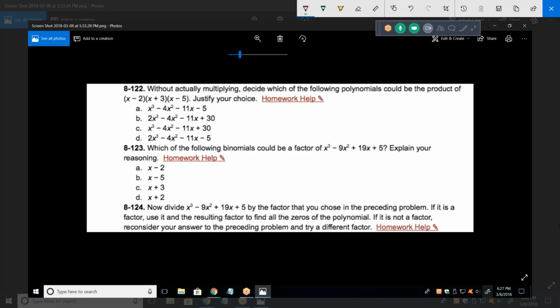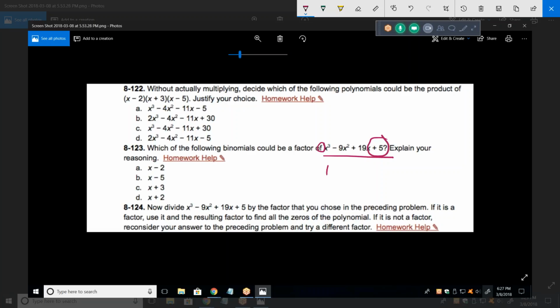Okay. Which of the following could be a factor of that cubic? You apparently have had the rational factor theorem, which tells you that if there is a rational factor to that cubic, its numerator's got to be a factor of 5, and its denominator's got to be a factor of 1.